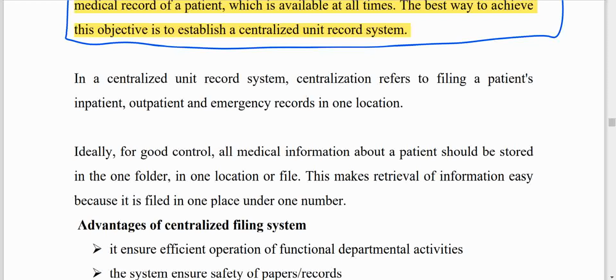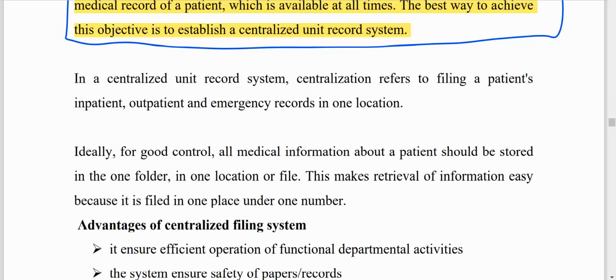But preferably, we use terminal digit filing and also numerical filing system. We use numbers. We file the records basing on numbers rather than basing on the names because we have seen the disadvantages of all these systems and also their advantages, and that's where our decision was based on.